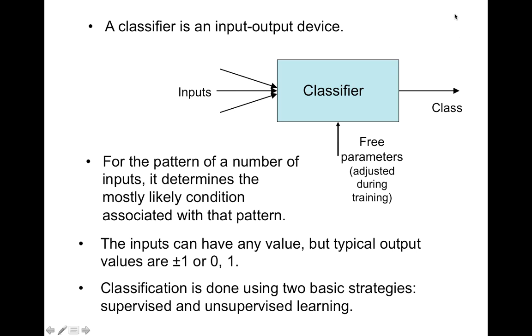The inputs are also often referred to as features. They're something that you've calculated from your data set. Typically they are not raw data, although they can be, but they are typically not raw data. So part of the biomedical signal processing role here is to take the data set, do the appropriate signal processing, and come up with a set of features.